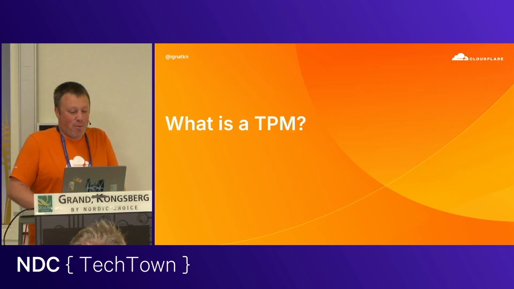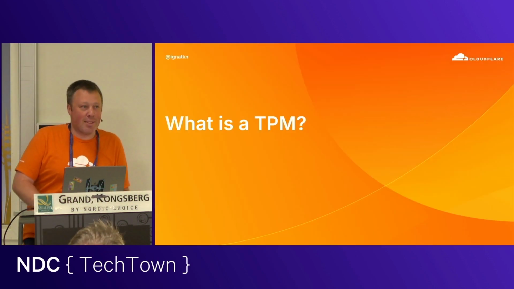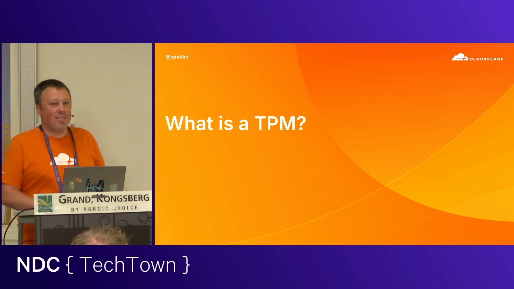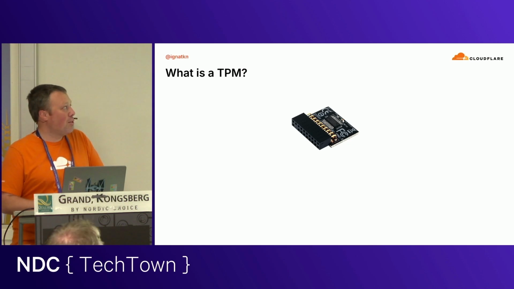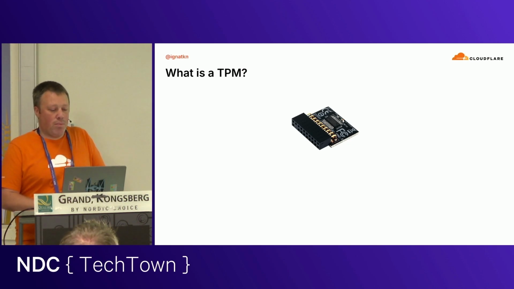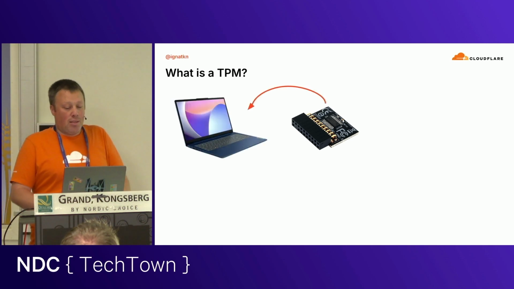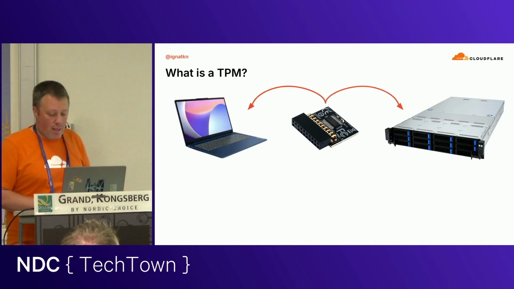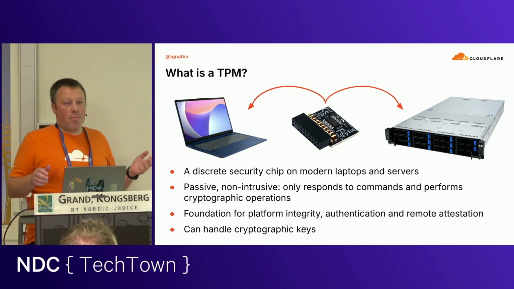Yeah, but today we're going to talk about TPMs. Who here knows what a TPM is? Yeah, many folks. Small recap. A TPM is a small security chip present in modern laptops and servers alike. Most of the time it is a discrete security chip.